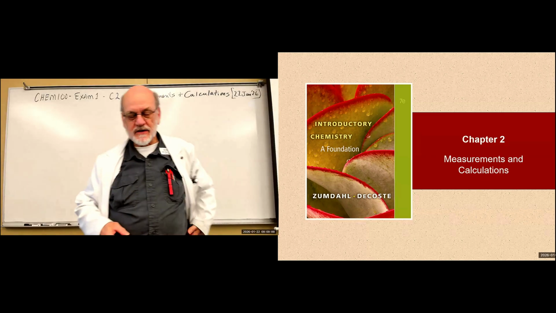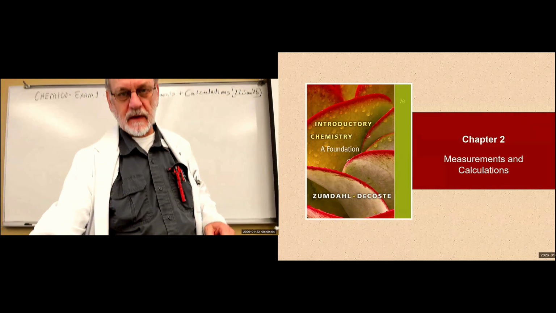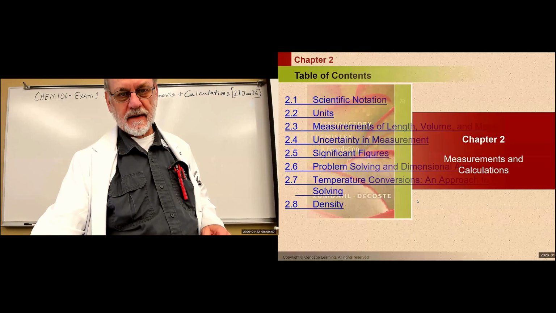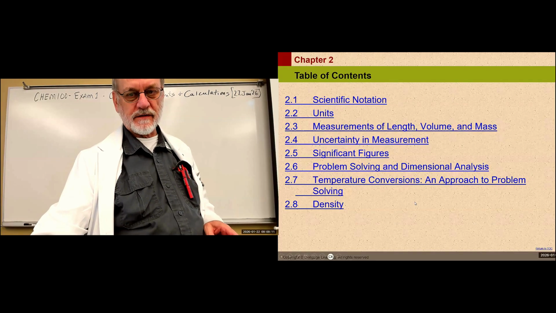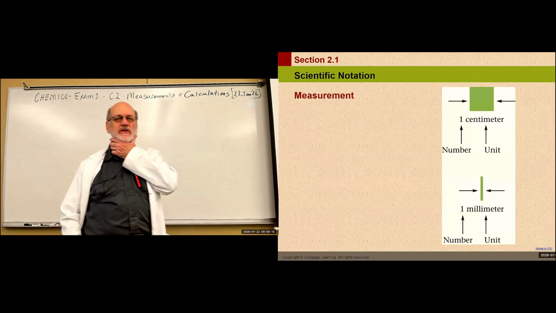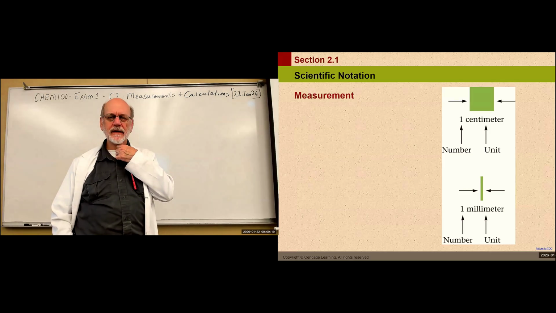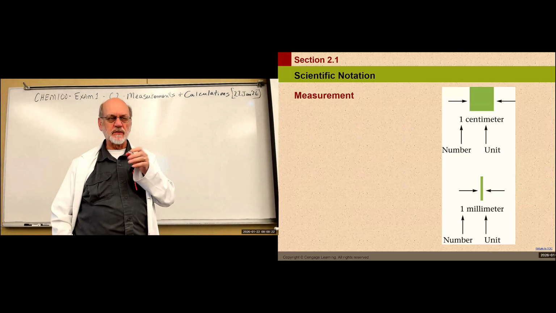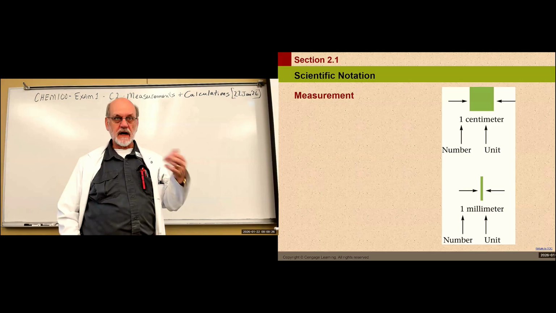All right, we'll jump right into chapter 2. That's just an outline. We'll get to all those topics in succession. So I think I mentioned during chapter 1's discussion the concept of measurement, where it's a quantitative observation.